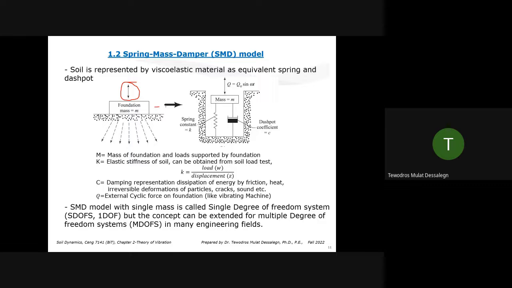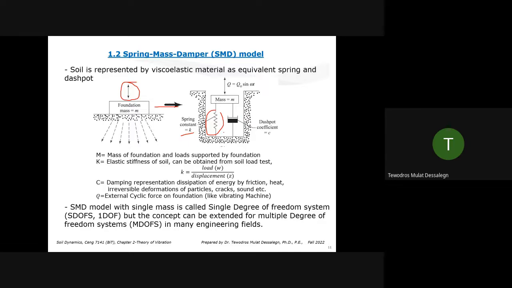We can model this in a simplified way by assuming the mass of the concrete block plus the mass of the machine. So we can call it a rigid mass. And we can represent the soil with a spring, its elastic compression and contraction property, with that spring constant, K. And also the damping character of the soil with a dashpot.